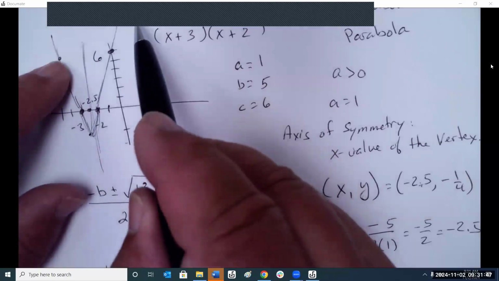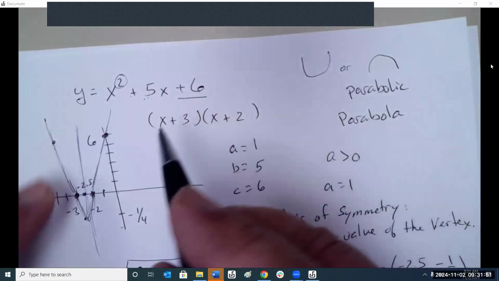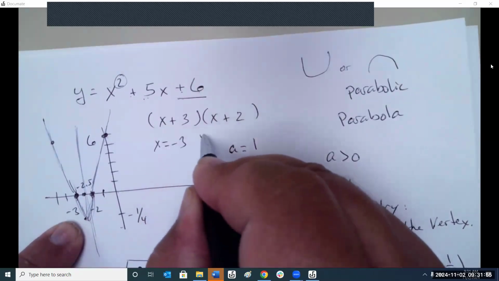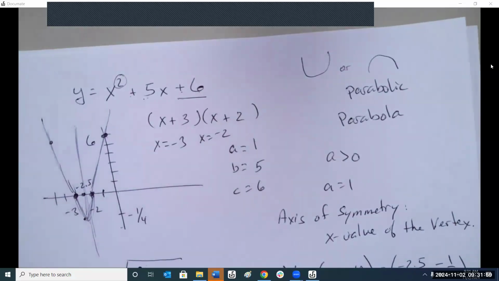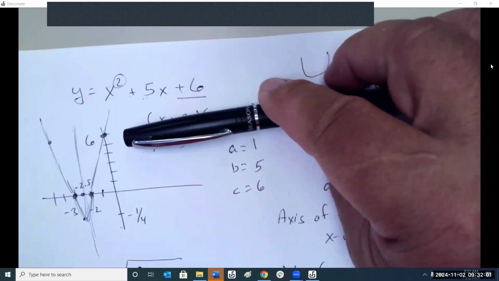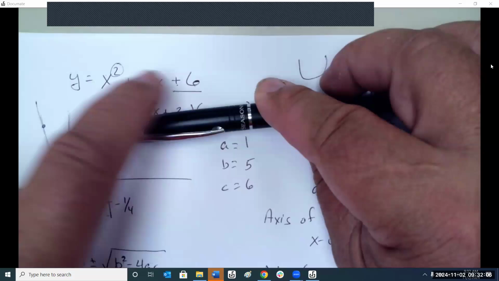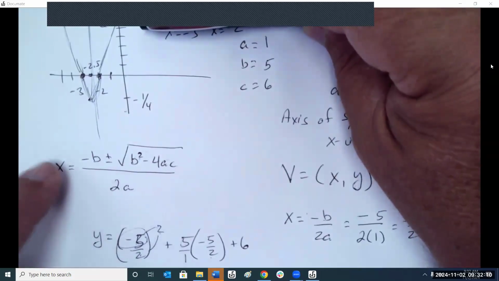Because we took this equation here and factored it, we got x equals -3 and x equals -2 by factoring. Let's not factor it then. Let's use the quadratic formula. Let's take this equation, use the quadratic formula, and see what our answers become.